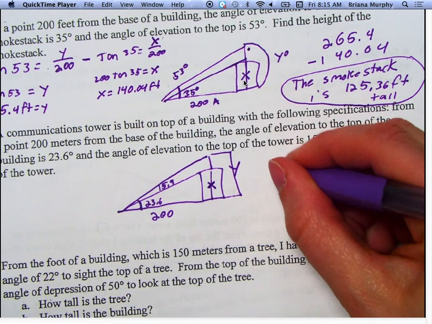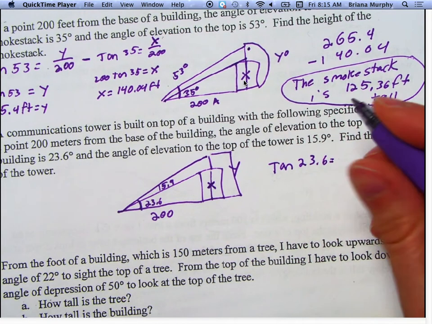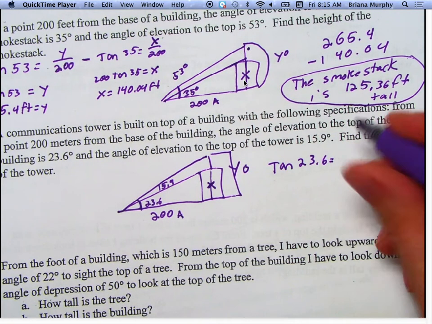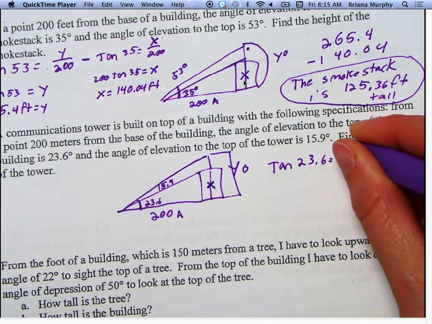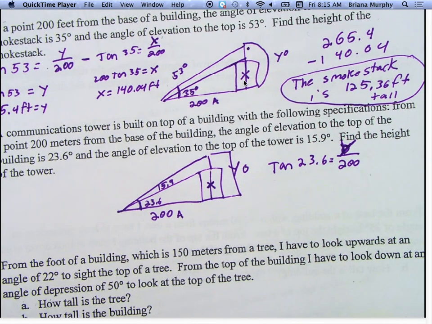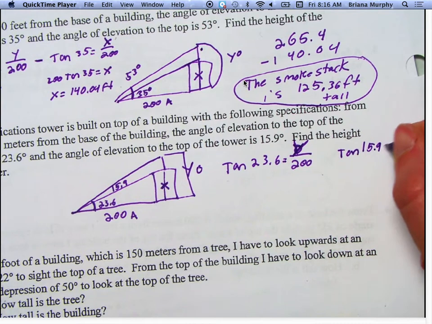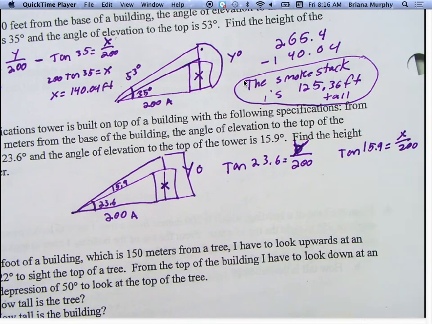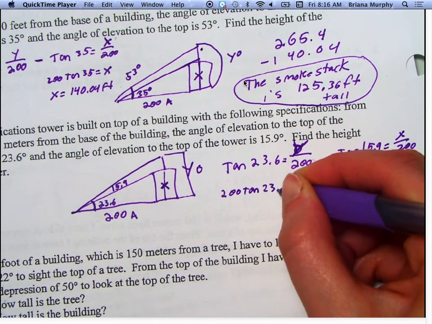So I'm going to do tan of 23.6 equals my opposite, which is y, over adjacent, which is 200. And then tan of 15.9 equals opposite x over adjacent, which is 200. So 200 tan 23.6 equals y.